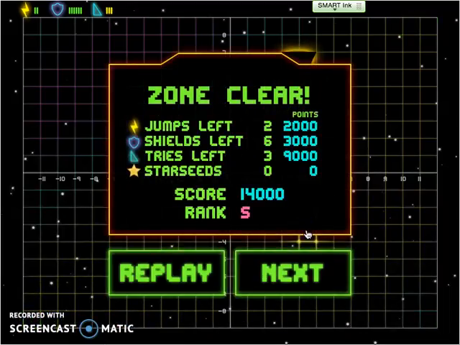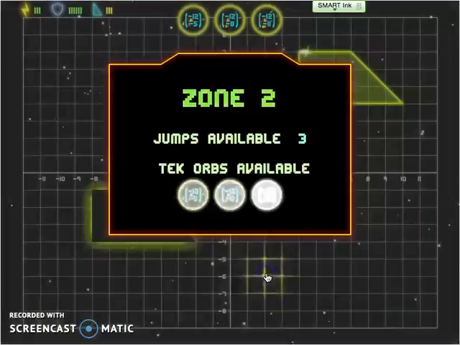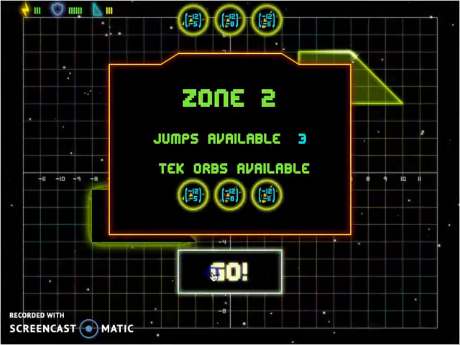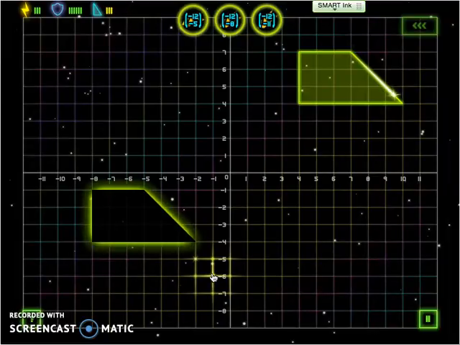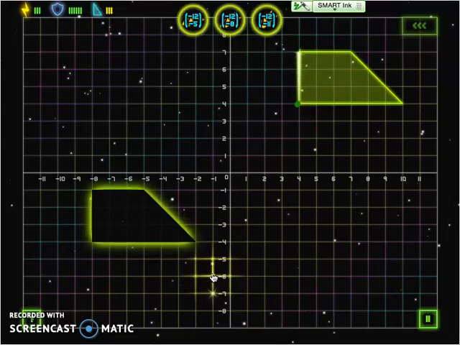All right, let's do that. Next. You'll notice that I have 3 orbs now, so I actually have to do some math. Figure out how am I going to get from this point here to this point here. So all you have to simply do is count across and then, oops, I didn't go far enough. Count across and then count down.